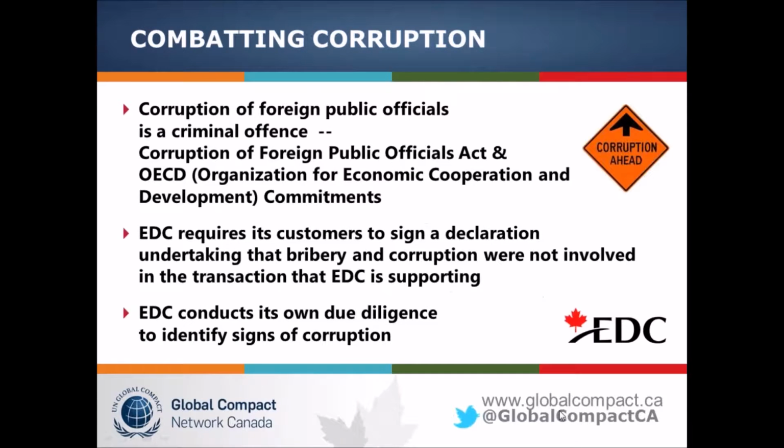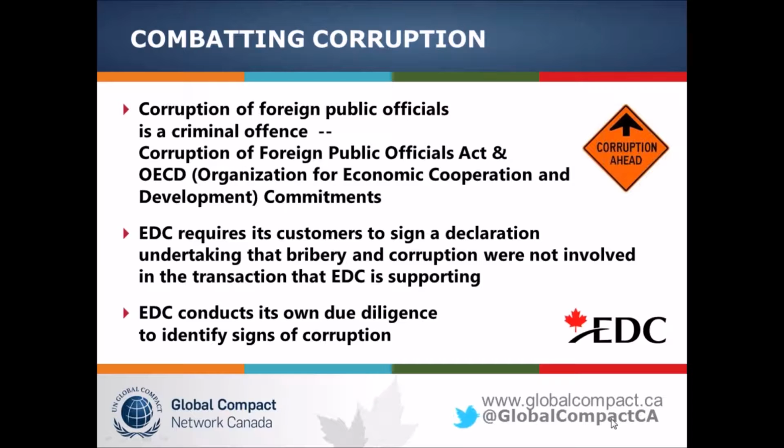Next slide, please. So in that context, this is where we see Canadian companies, and they're coming to us for lending, for insurance, and yet at the same time, the Government of Canada has signed a convention with the Organization for Economic Cooperation and Development, the OECD, that imposes upon EDC the obligation to look for any signs of possible bribery, that subcategory within a larger category of corruption that may be in an international business transaction.